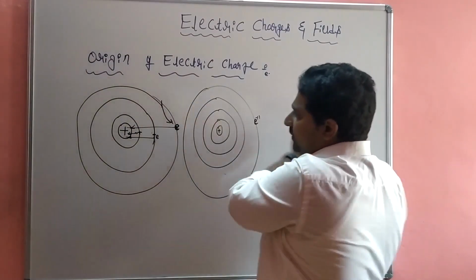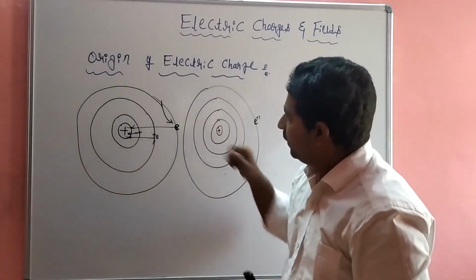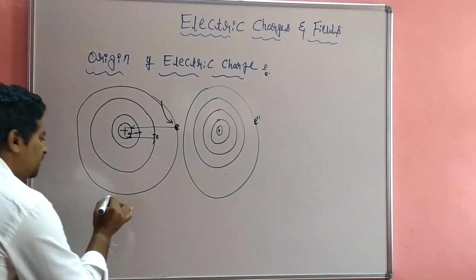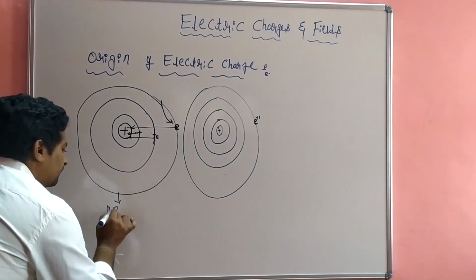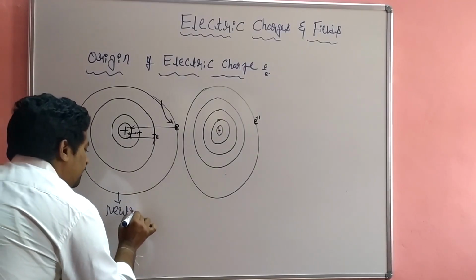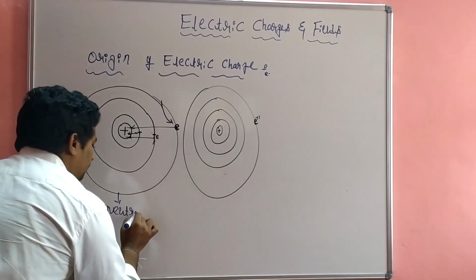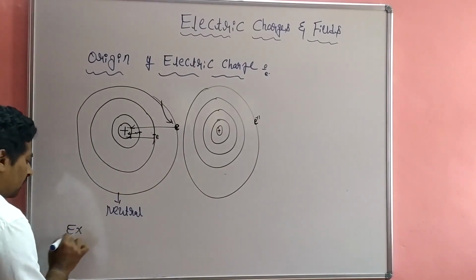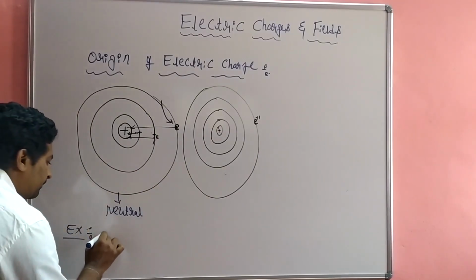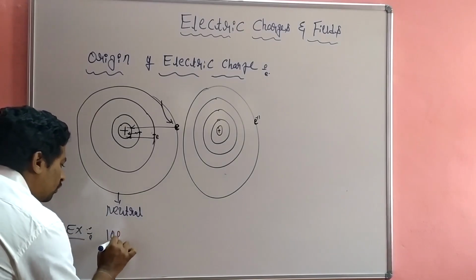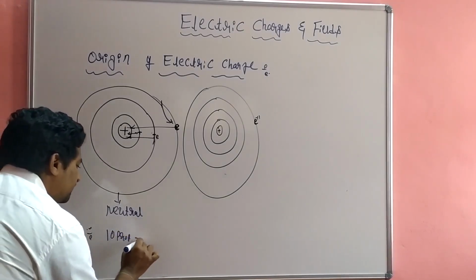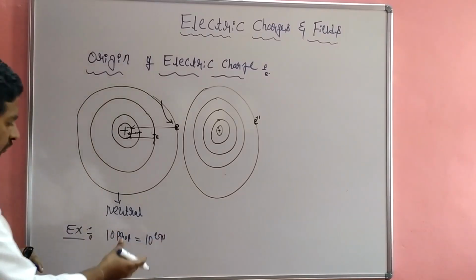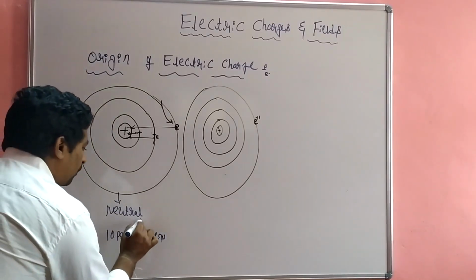Initially, this is neutral. Initially neutral means, for example, 10 protons equal 10 electrons. The number of electrons is equal to the number of protons. This is neutral.